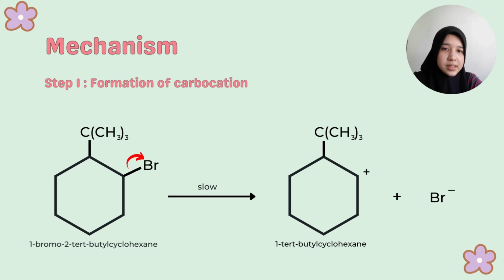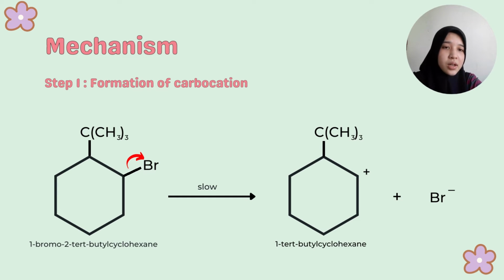Next part is mechanism. The mechanism requires two steps. The first step is the formation of carbocation. As we can see here, the starting material is 1-bromo 2/3 butyl cyclohexane. And the red arrow here shows that the bond between carbocation and bromine will break heterolytically. This is due to bromine is more electronegative than carbocation that is more electropositive.